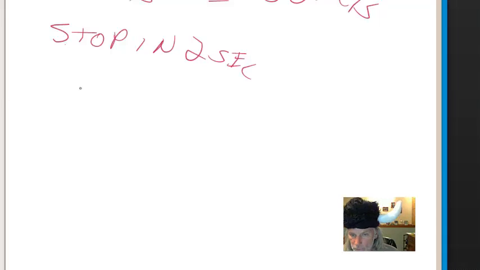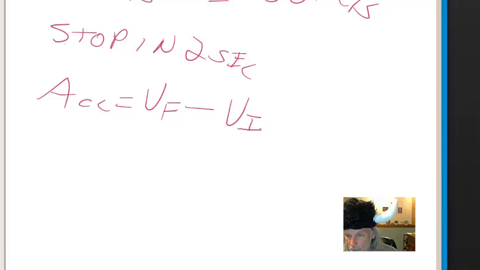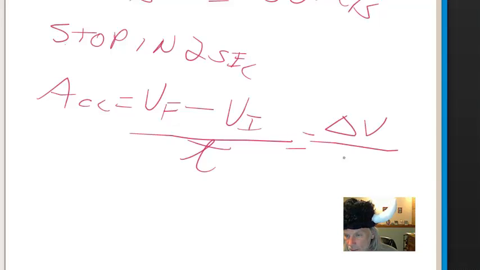Same formula, it doesn't change. Acceleration equals final velocity minus initial velocity all over time. Sometimes you're going to see this written as a change in velocity over time, and that's really the same thing. So let's substitute in.